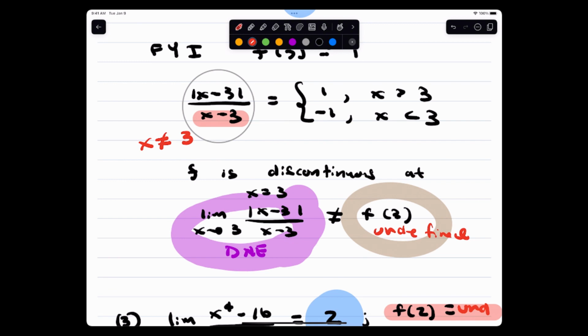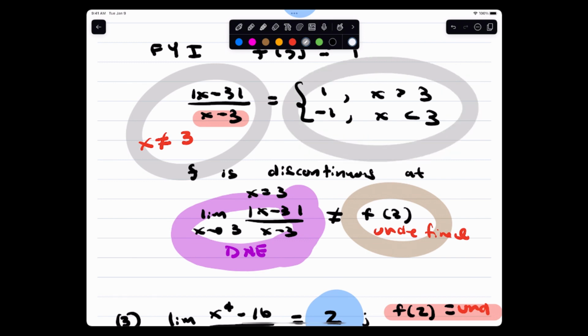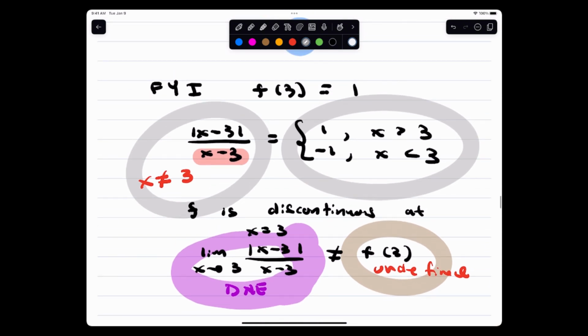And I want to mention that in detail. So this is kind of where that mistake was. I'll highlight it even more for you. Just to throw that out there. It's right in here. It's still not continuous at 3, but it's undefined at 3. I just want to make sure this is clear too. This is what?